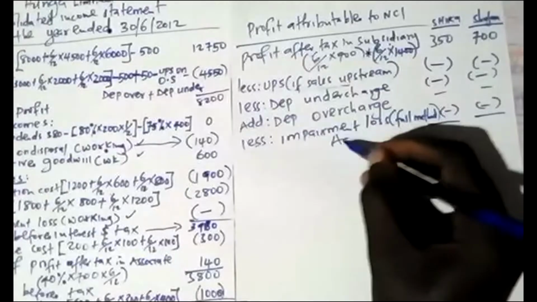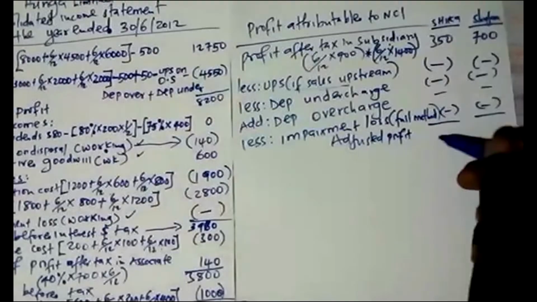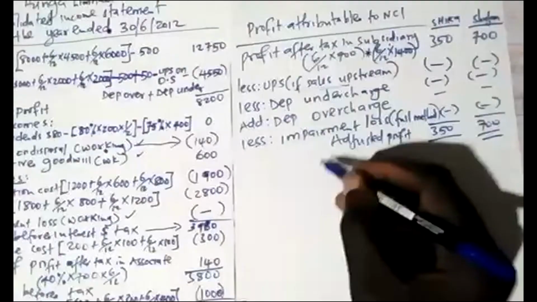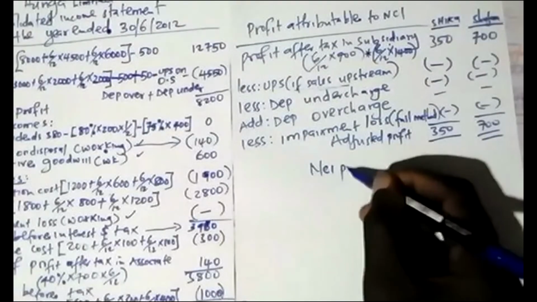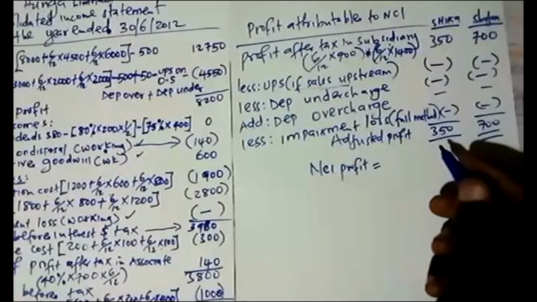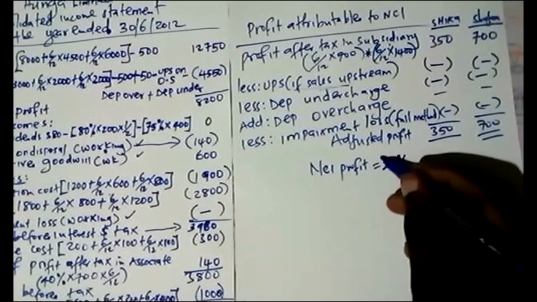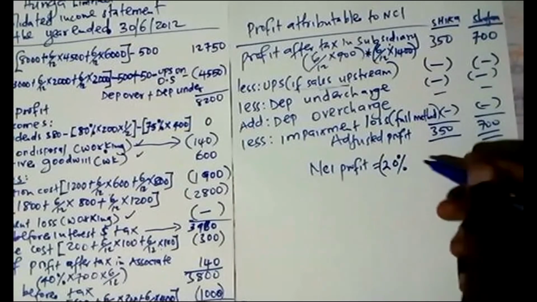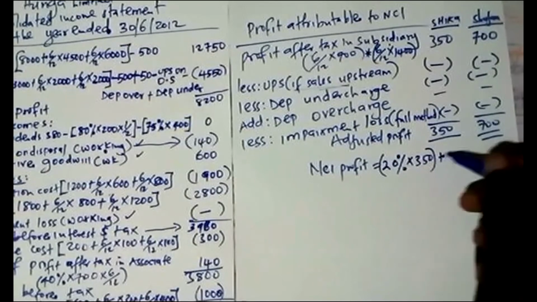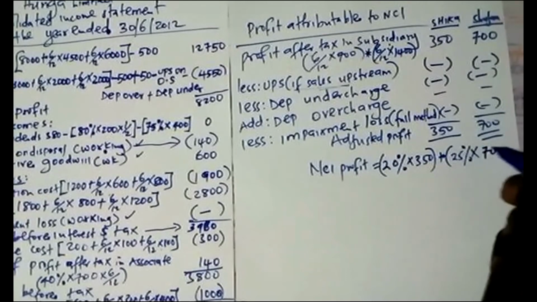So this is the way you could have adjusted your profit. So adjusted profit, this 350 and this 700. So in order now to get the NCI profit, you take 20%, yes, because for Shika it was 20% times 350 plus 25% of 700.